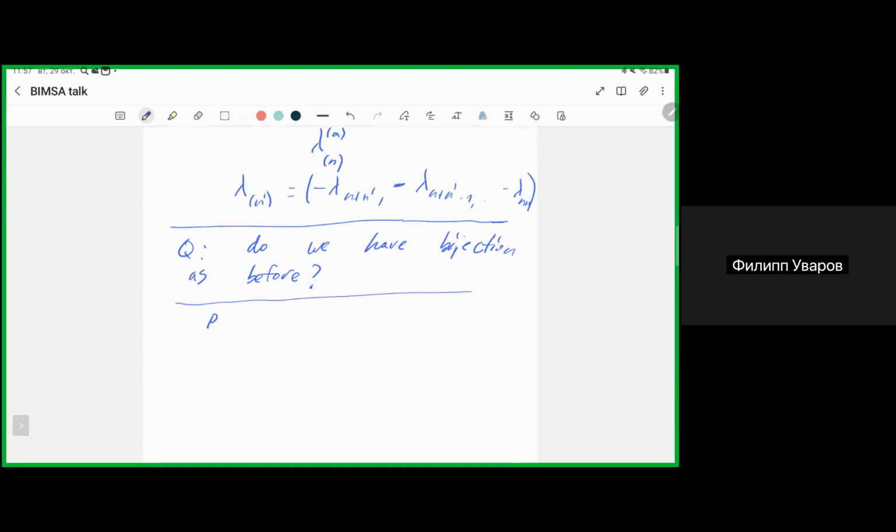And so, okay, our philosophy or our proposal is to approach this problem by interpolating GLN, when n goes to any complex number t.